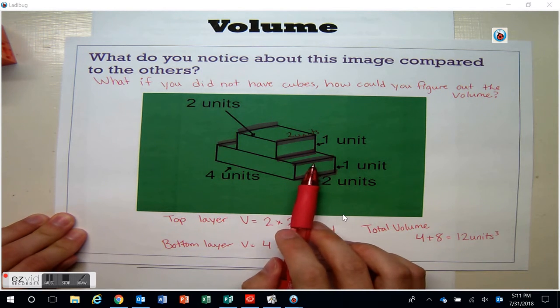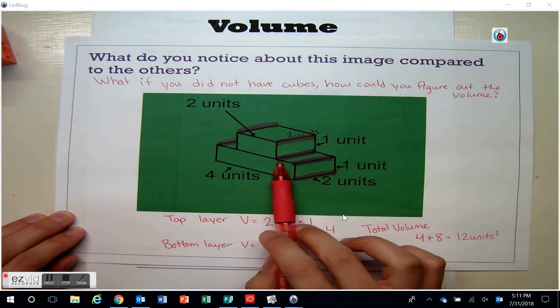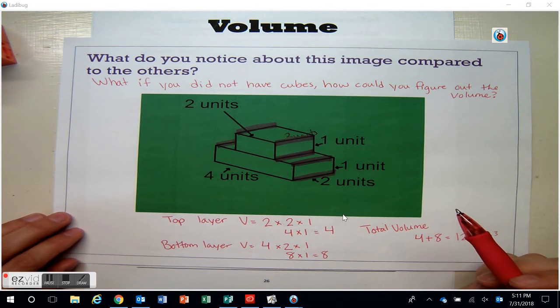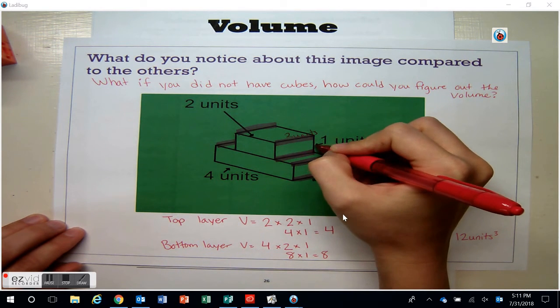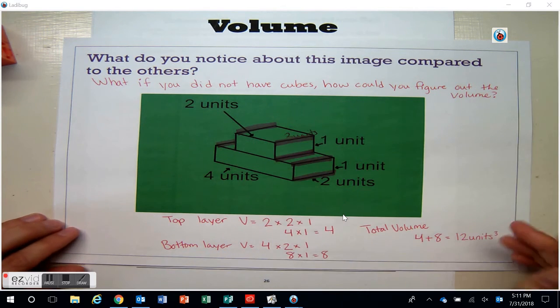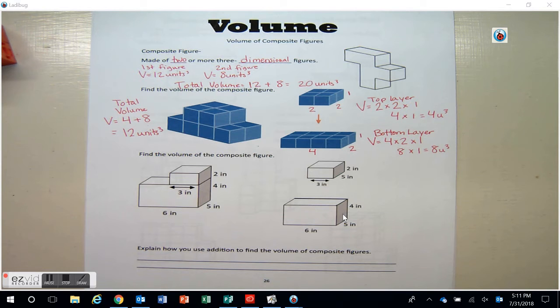We could find the total volume by simply adding the separate volumes together and getting our total.